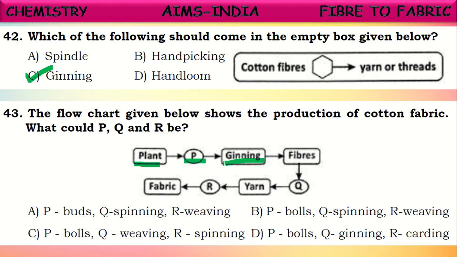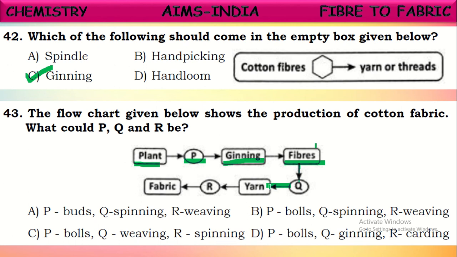Then after the separation of cotton seeds by ginning, these cotton fibers are extracted in the pure form. Then these cotton fibers undergo a process to get yarn from it. What is that process called? So conversion of fibers into yarn is called spinning. Okay, it is called spinning.